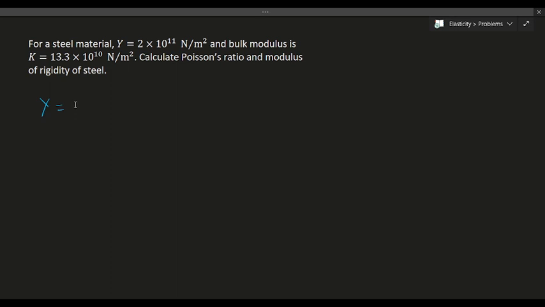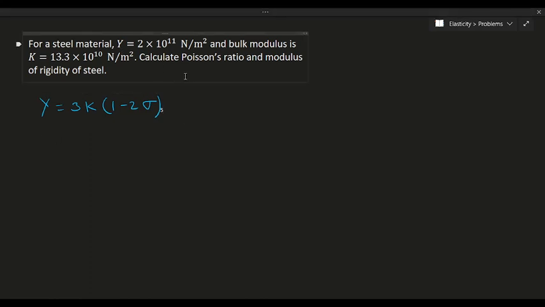Y equal to 3k into 1 minus 2 sigma. We substitute for Y as 2 into 10 raised to 11 for Young's modulus, 13.3 for bulk modulus, and then calculate sigma. So before we substitute, we can first write this equation so that sigma is on one side and the rest of the quantity is on the other side and then calculate sigma.